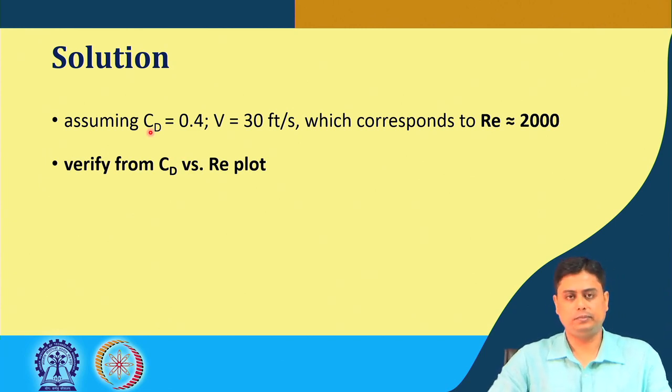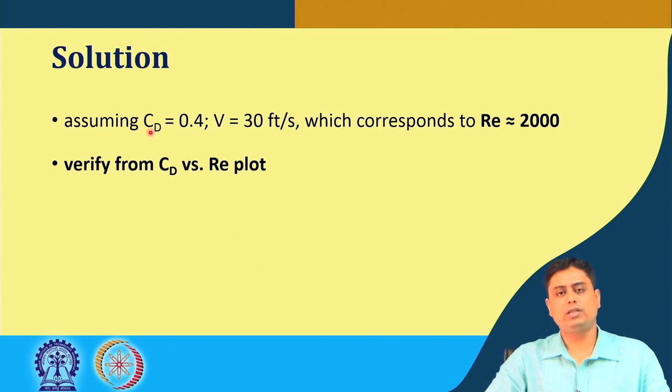So, today we have discussed a couple of problems. First of all, we started with the calculation of boundary layer thickness from the leading edge to a certain distance. For laminar flow, we have to remember a couple of expressions. For CD versus RE, we have to remember how to calculate the drag force from the expression of CD.